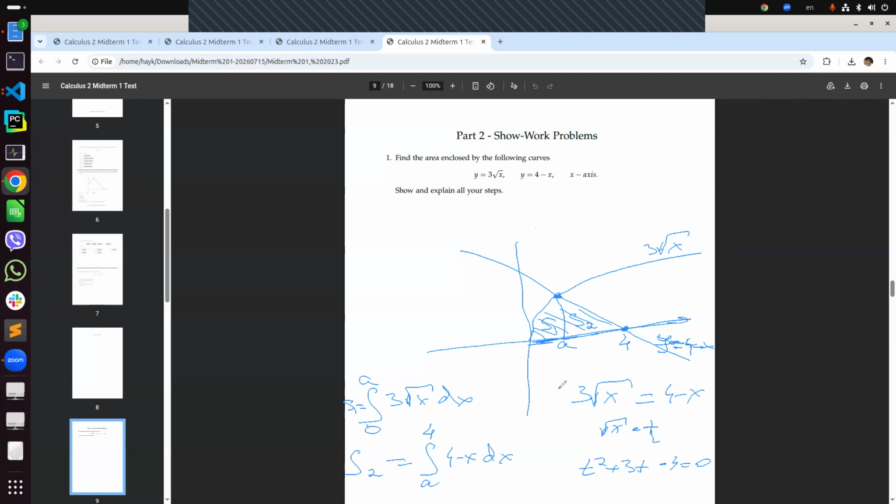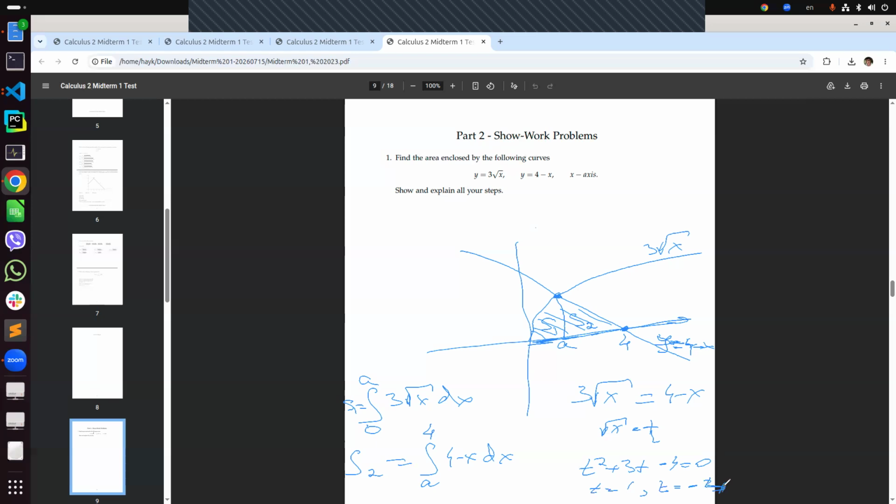So the roots of this equation: t equals 1 and t equals minus 4.